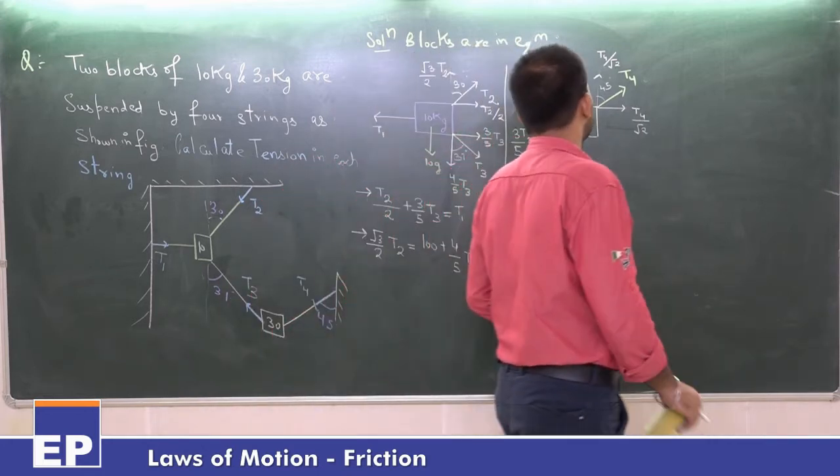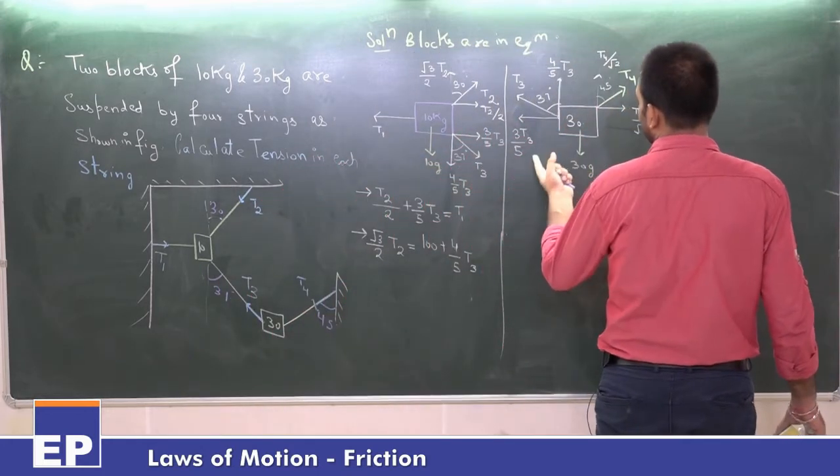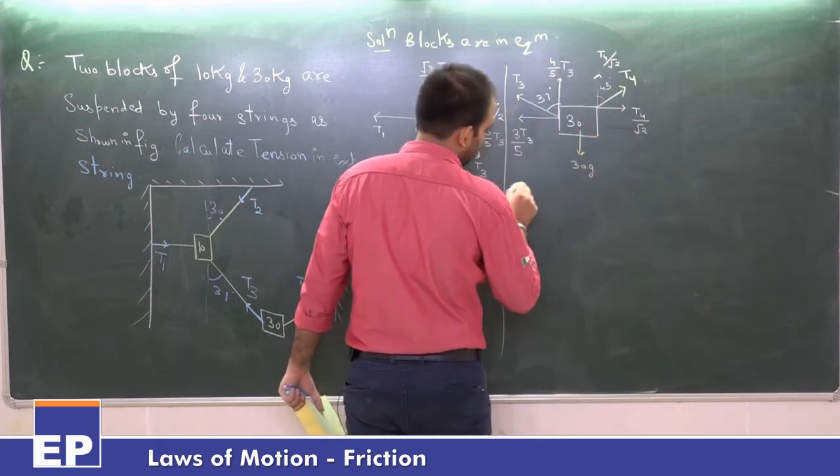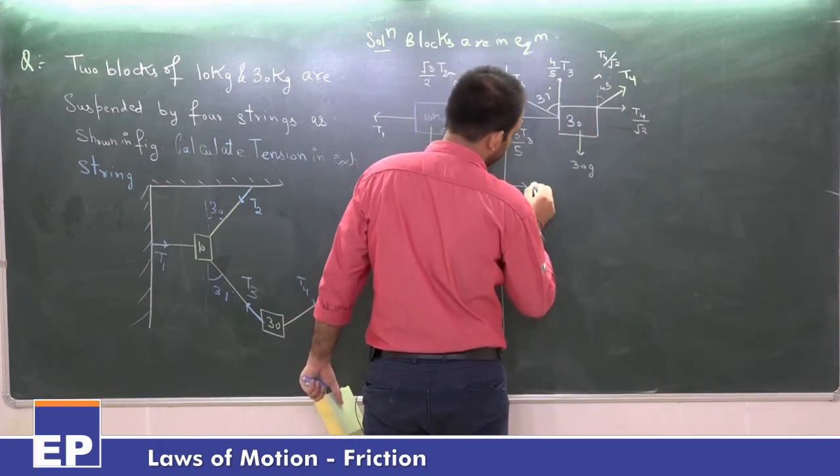How many forces are in x direction? There are two forces in x direction, this and this. तो क्या relation बन रहा है? 3 by 5 T3. This is positive, this is negative. Net force 0 होनी चाहिए.